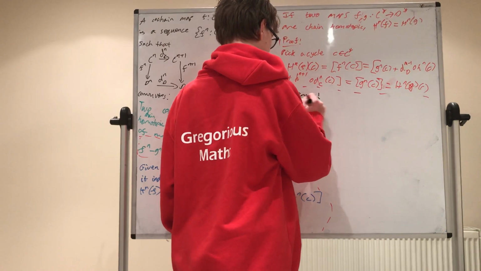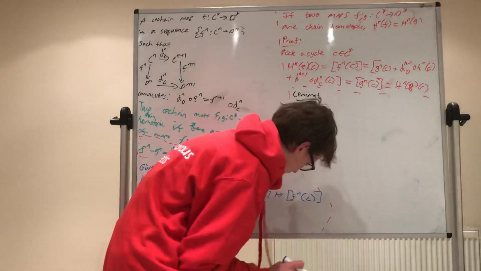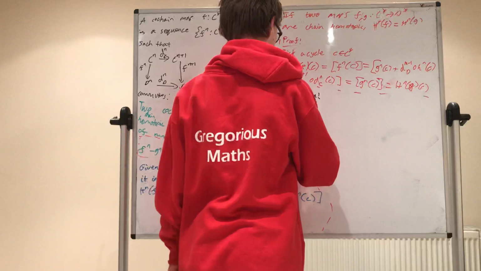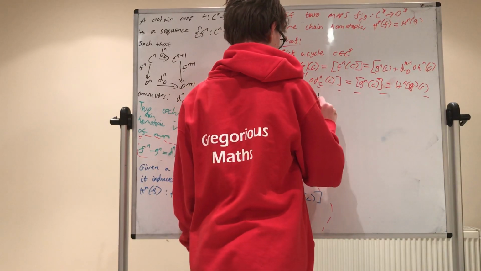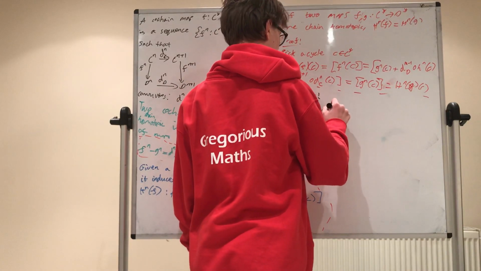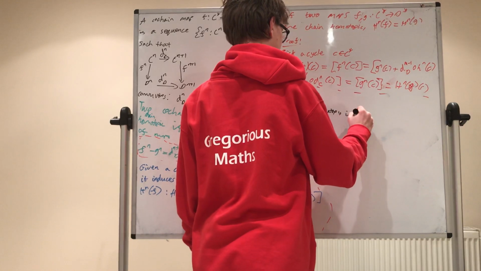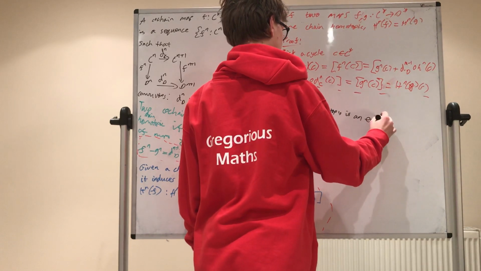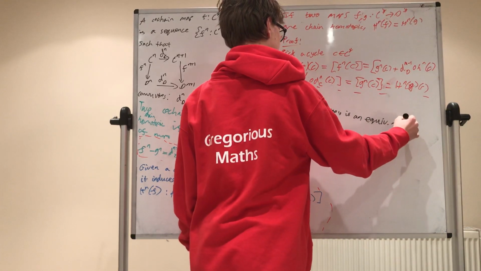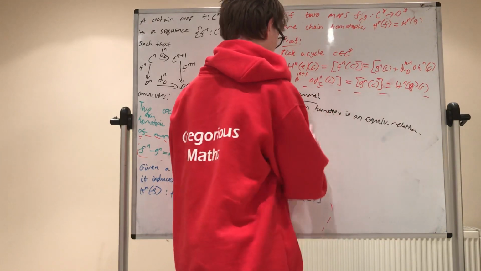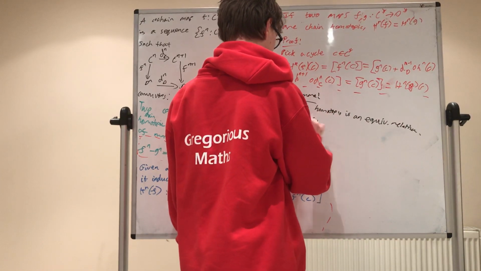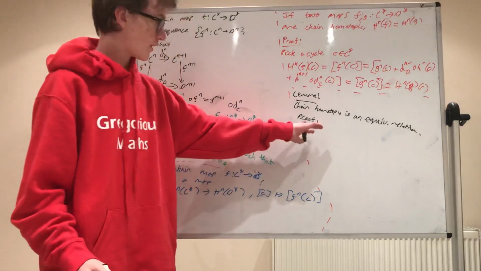Lemma. Chain homotopy is an equivalence relation. Alright, proof. So what's the proof of this statement right here?